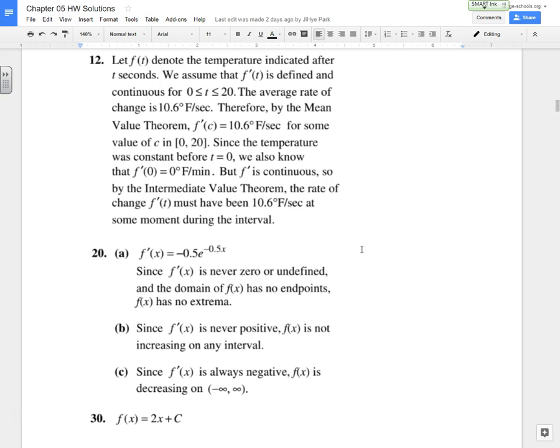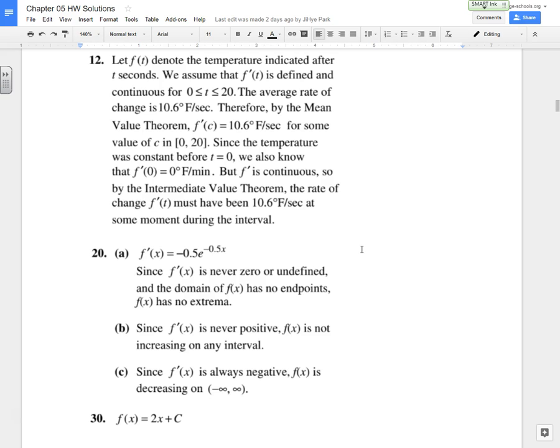They told us the temperature was constant before 0, so we knew that the rate at 0 would have been 0. Wow, IVT. I don't know if I would have used that. You could have used that. MVT makes no sense?